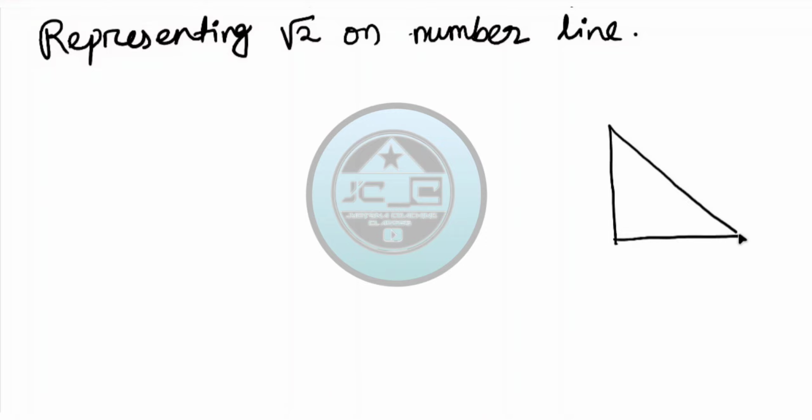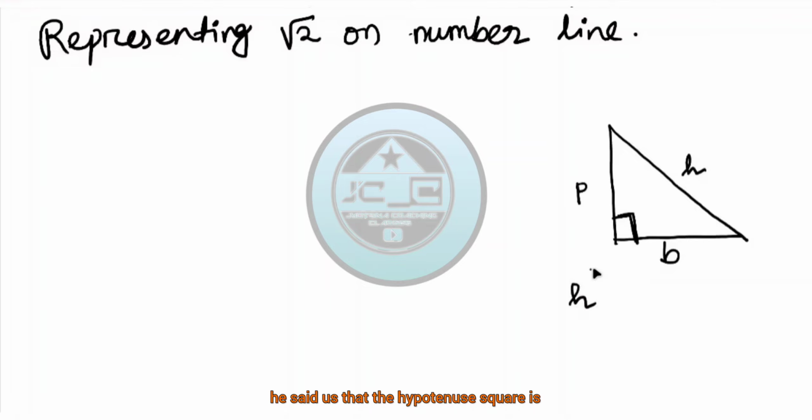right triangle, he concluded that if this is the base, this is the perpendicular and this side is the hypotenuse, then the hypotenuse square is equal to the square of the perpendicular plus the square of the base.